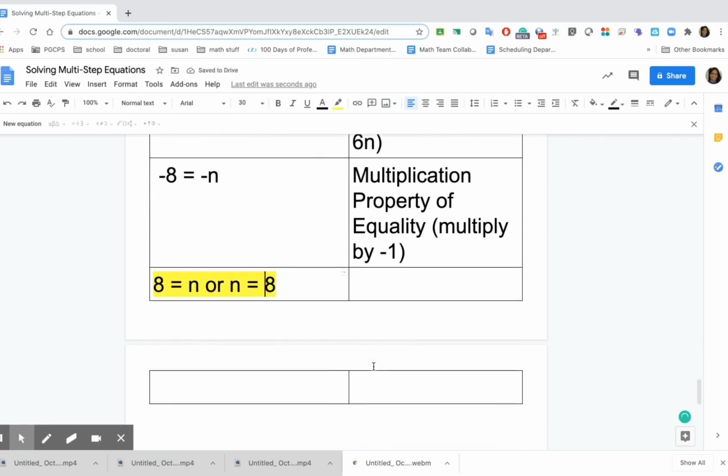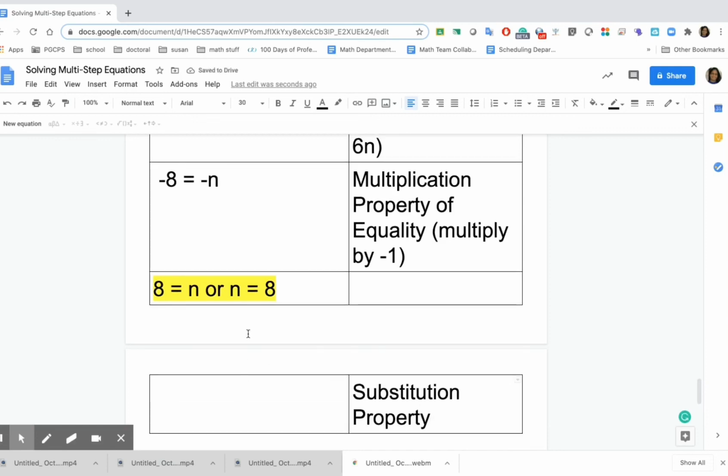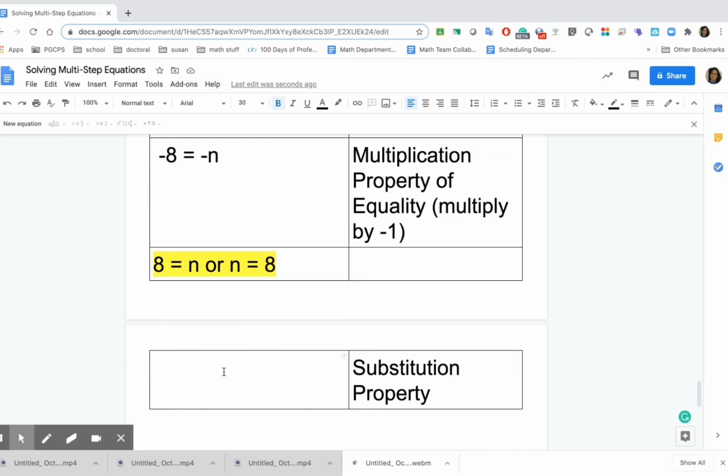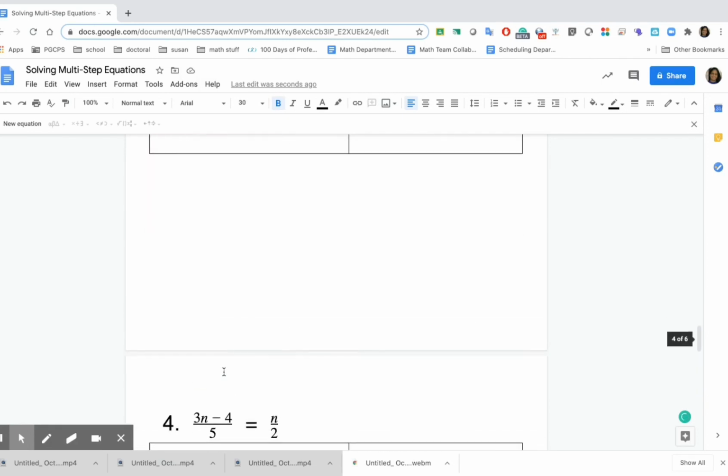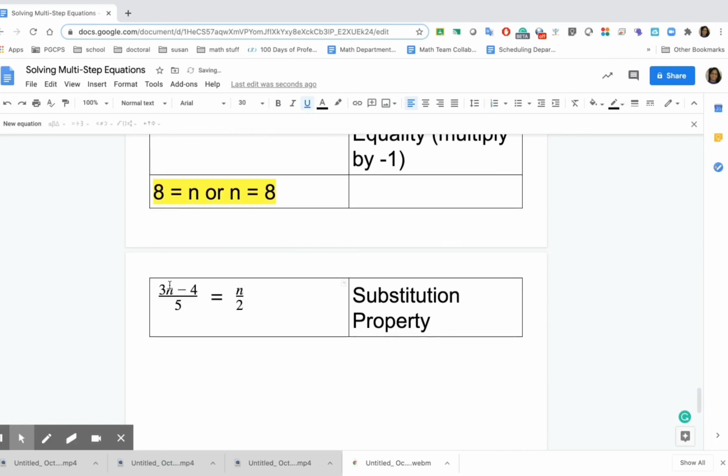So to check if the answer is correct, we will use the substitution property. So let's copy the equation. So replace n by 8.